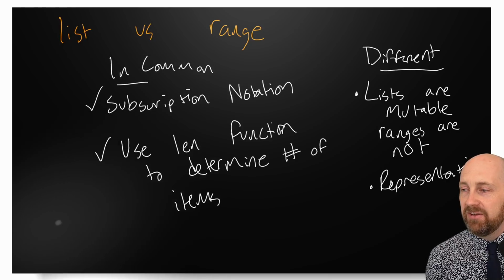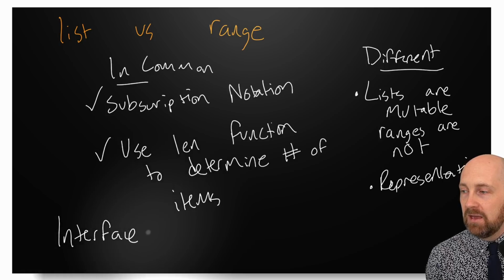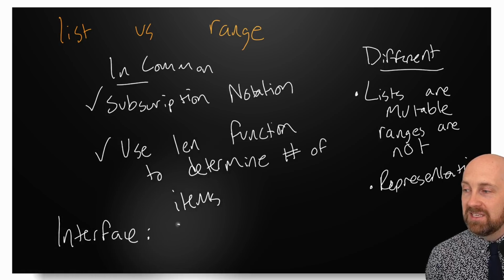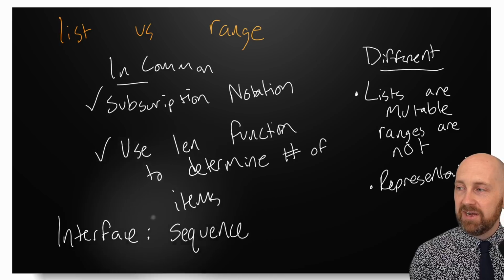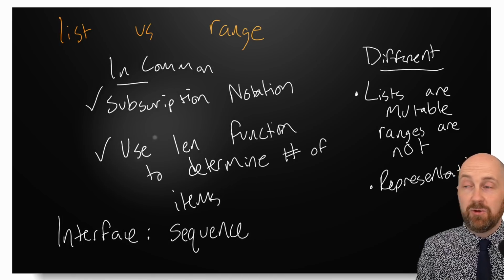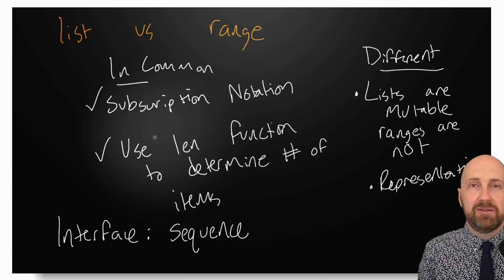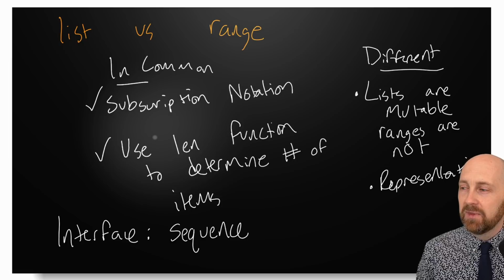And the interface of these is what we call a sequence in Python. The sequence interface is one where, if you have something that's a sequence, you can use subscription notation, and you can ask for its length. There are some other things too, but these are the 2 most defining features.